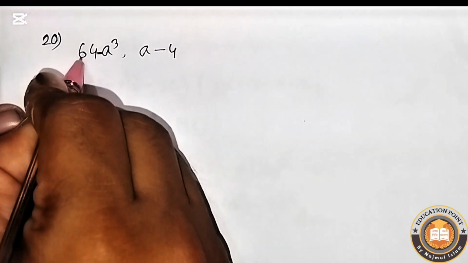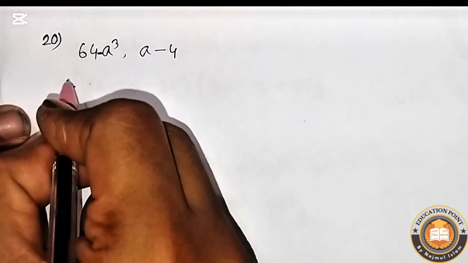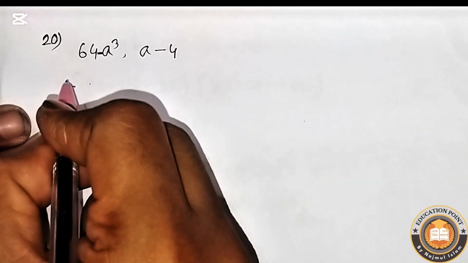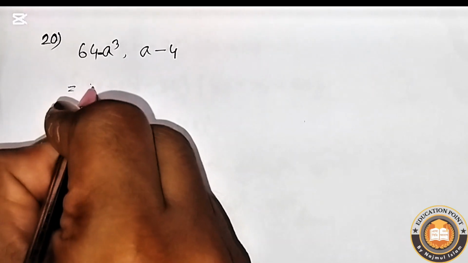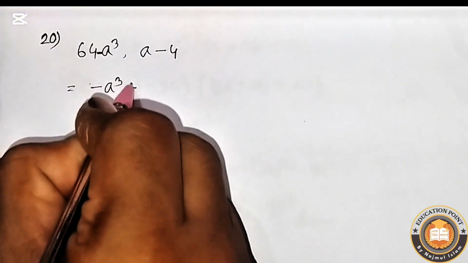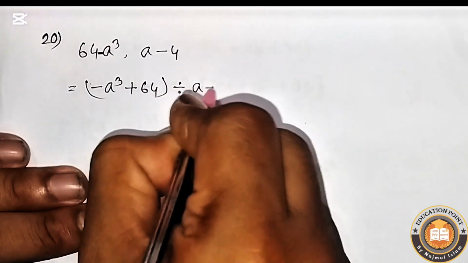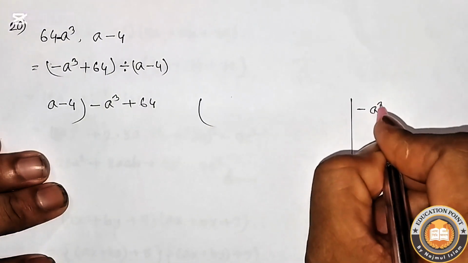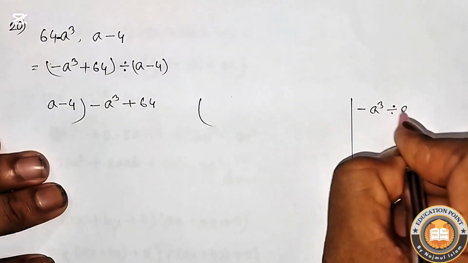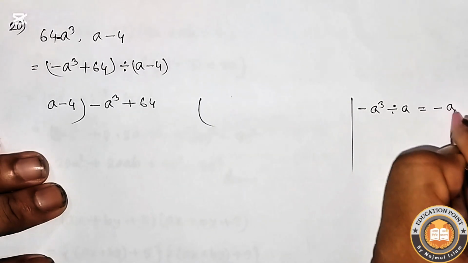Number 20: 64 minus a cube divided by a minus 4. Here both the expressions are arranged in descending order of the powers of a. At first minus a cube divided by a equals minus a square.